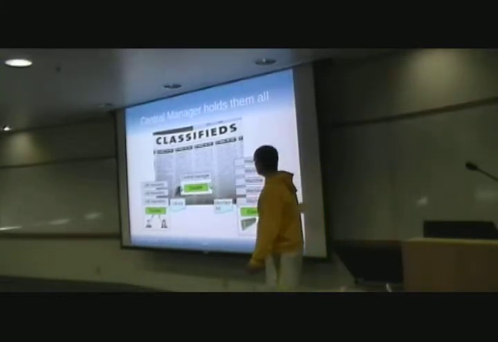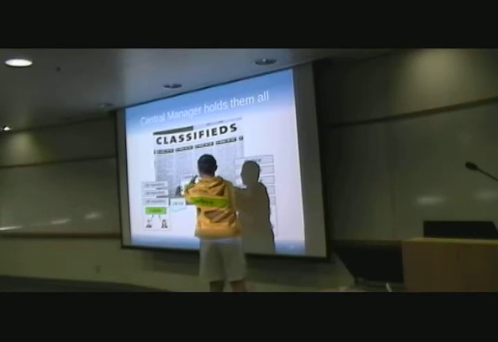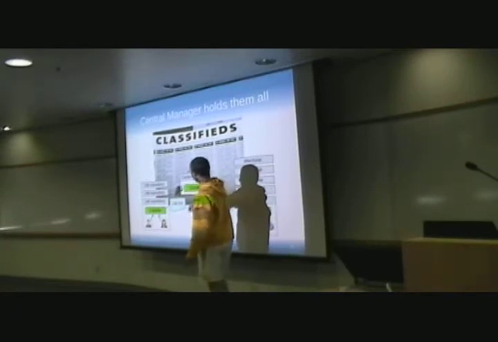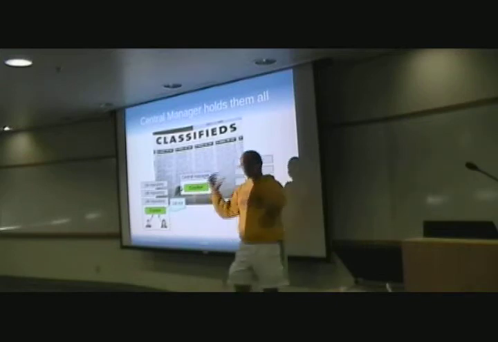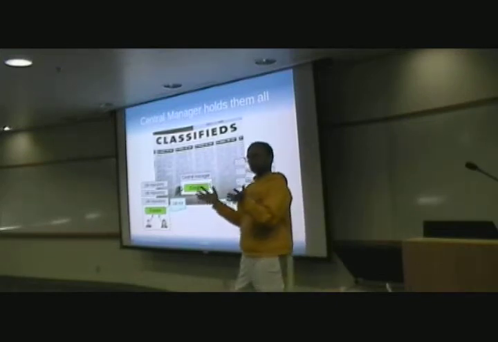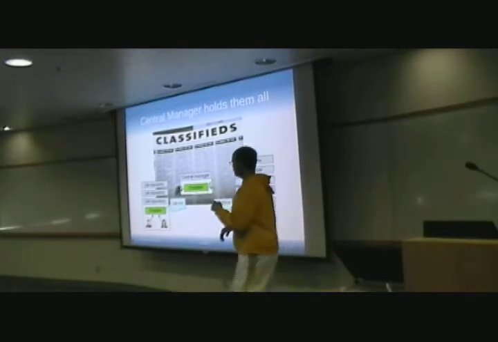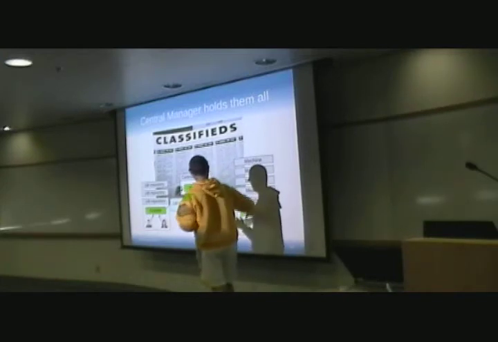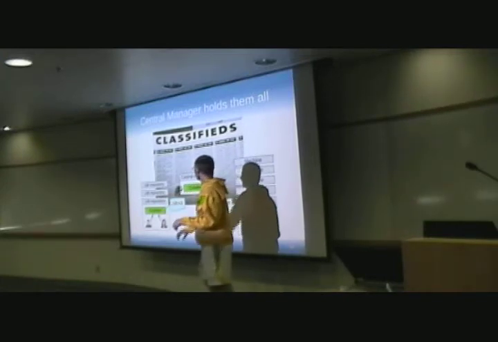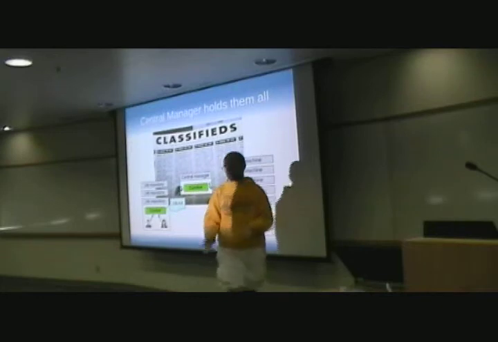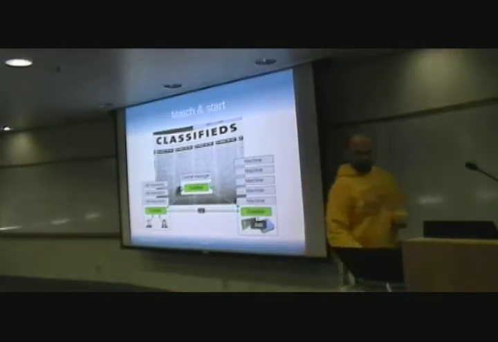So all the jobs, all the machines, as we said, go all together in the central manager, and the central manager is what actually defines what a Condor pool is. So this alone and this alone are just machines. Put in the central manager and you get the Condor pool.